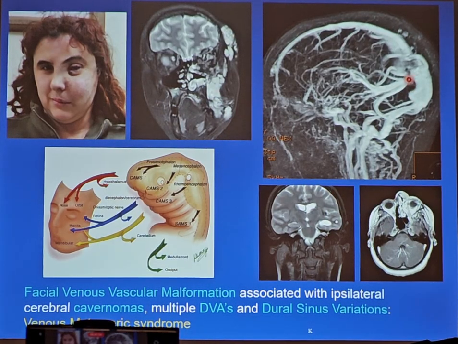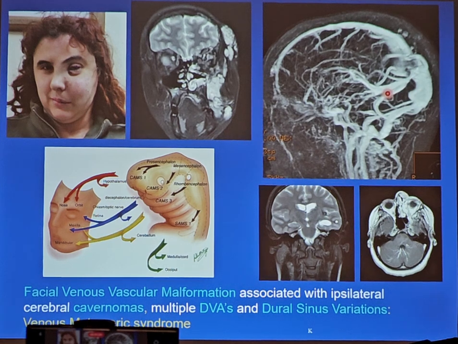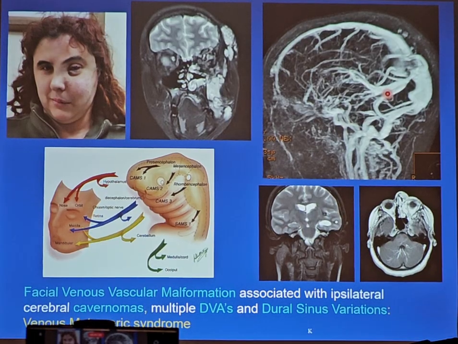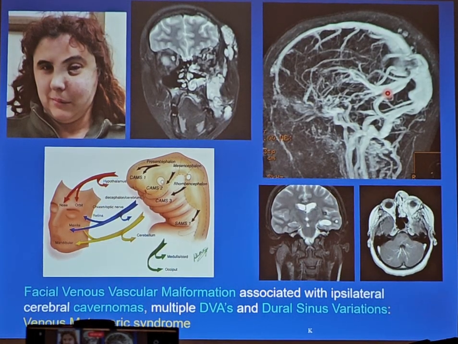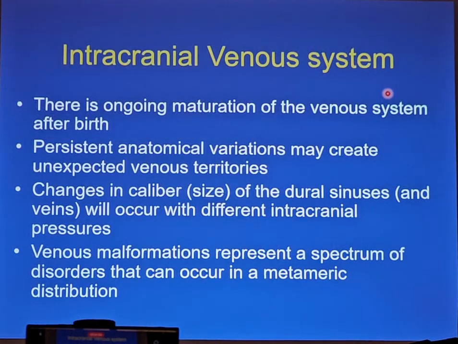You can see the intracranial circulation is not normal either, right? So there are DVAs and cavernomas, all kinds of venous abnormalities that are coincidental with the venous abnormalities in the face because of the migration of the venous cells and the endothelial cells across from the back to the front, and at various periods of time they can be interfered with, creating metabolic diseases.